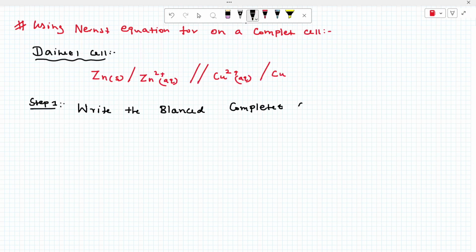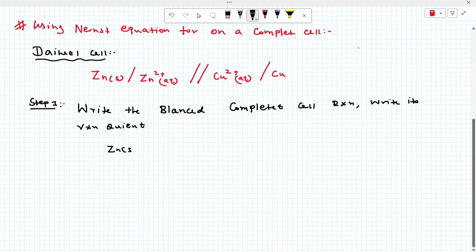You have to balance the equation, and write its reaction quotient. Now see for this reaction, Daniel cell.